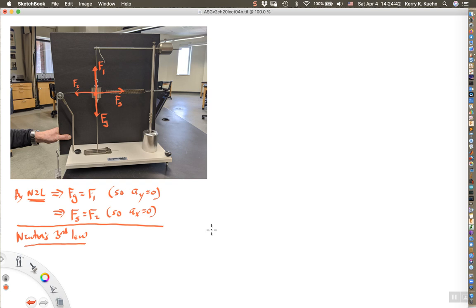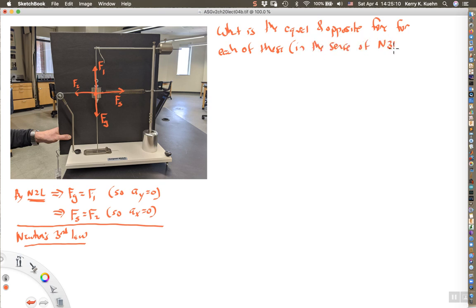I'm going to try to identify what the equal and opposite force is for each of these. So what is the equal and opposite force for each of these in the sense of Newton's third law?